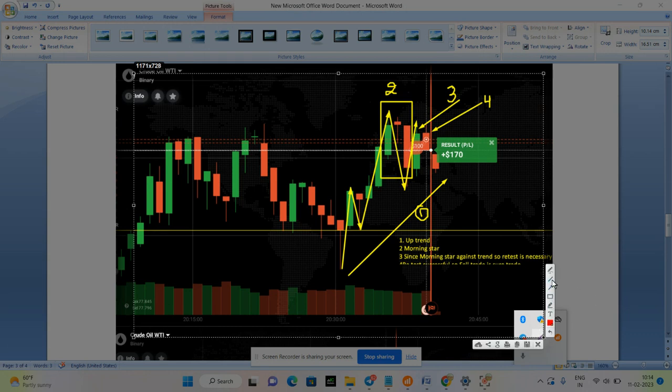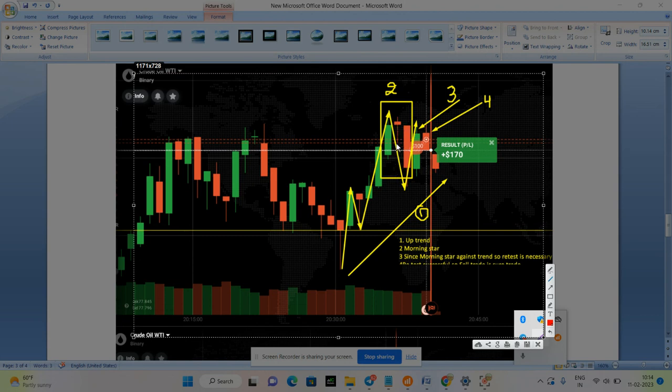Here we can see that the market is making higher highs and the market is in an uptrend. Here we got an evening star, and this green candle retested the key level of the evening star.